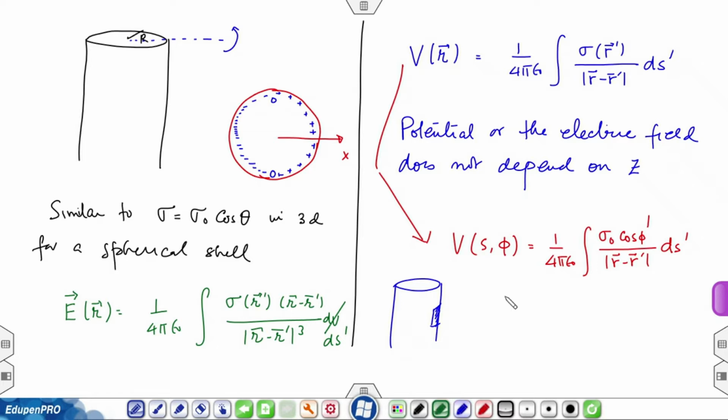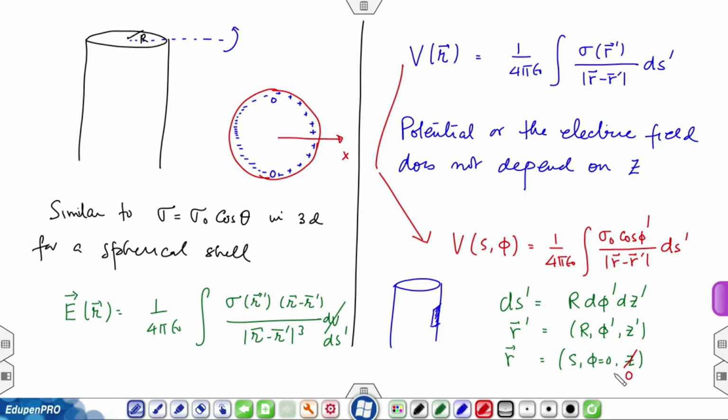So, d s prime in this case is going to be r d phi prime d z prime. r prime is the point which is r, phi prime, z prime, and since the potential does not depend on z, I can even calculate it at z equals 0.